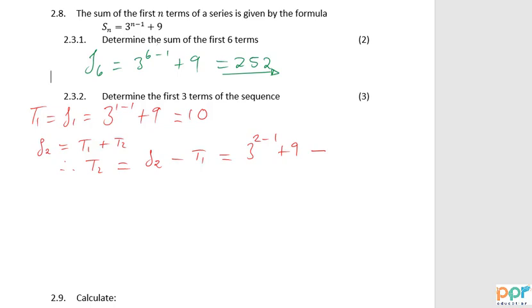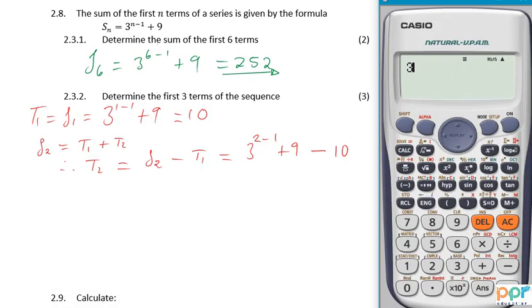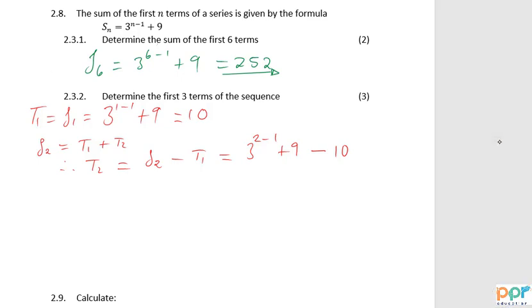You've already found the first term, which is 10. Then let's plug in on the calculator. 3 to the power 2 minus 1, which will give me 1, plus 9 minus 10. Then your answer is what? It's 2. So my final answer will be 2.